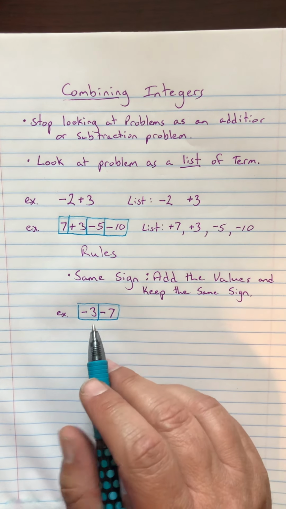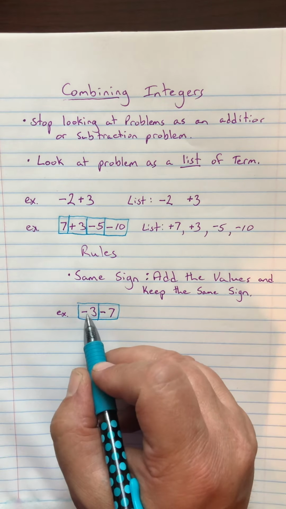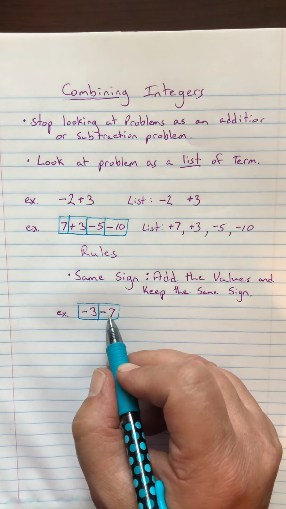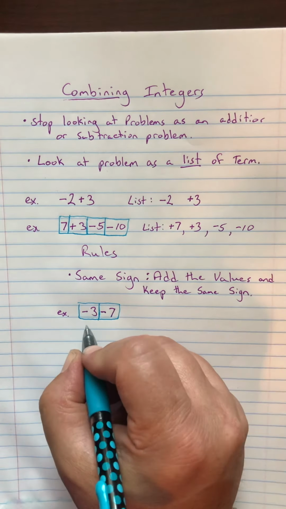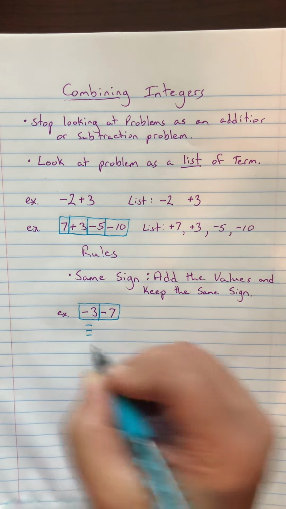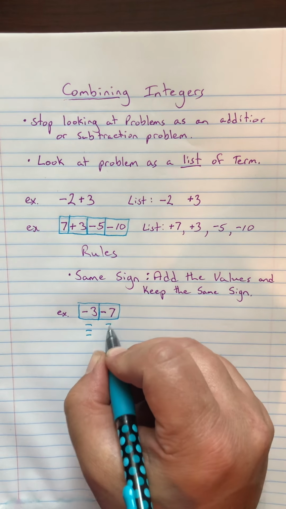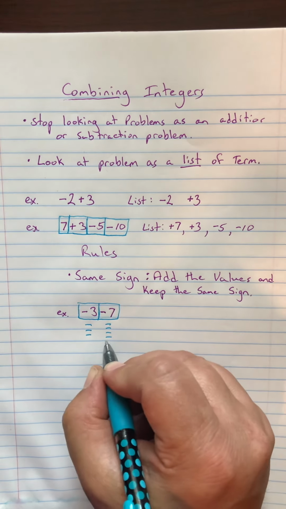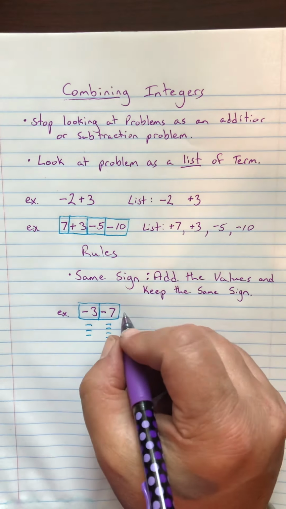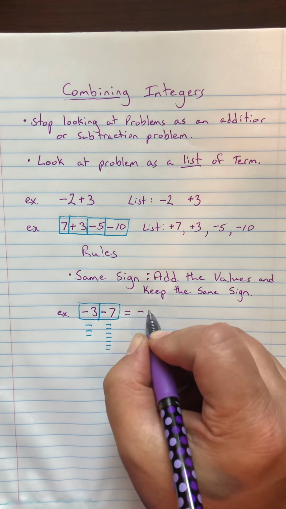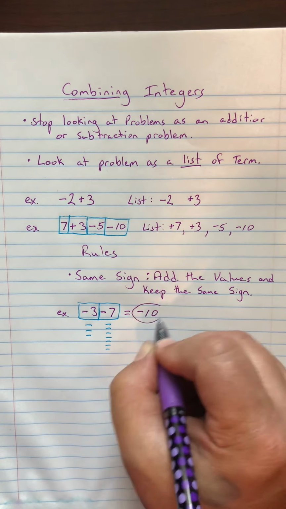Again, try to think of them as objects. If you have 3 negatives and you put them together, combine them with 7 negatives, you should be able to see here's 1, 2, 3 negatives. Here is 1, 2, 3, 4, 5, 6, 7 negatives. This will give you a total of 10 negatives.